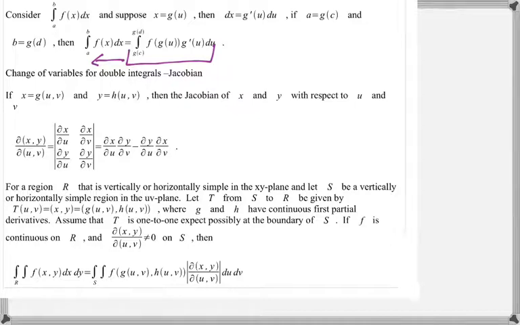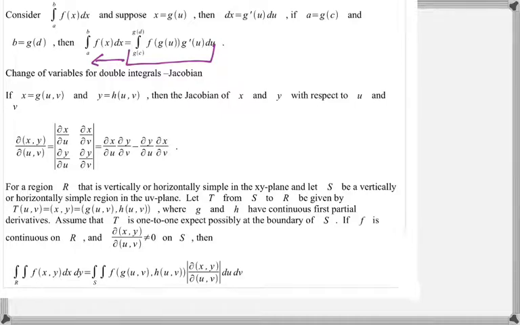So if x is equal to g of u,v and y is equal to h of u,v, then the Jacobian of x and y with respect to u and v is the partial derivative of (x, y) with respect to (u, v), and then we set up this little matrix to find the determinant of a 2 by 2 matrix.